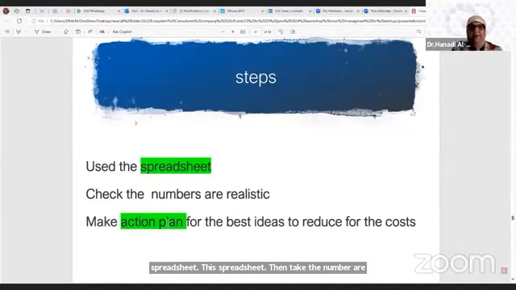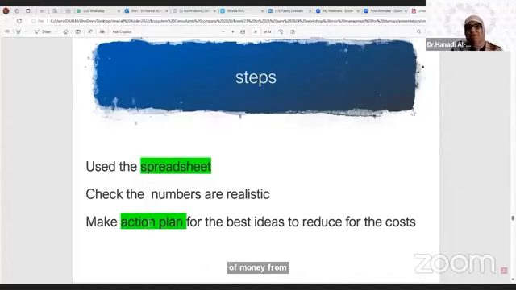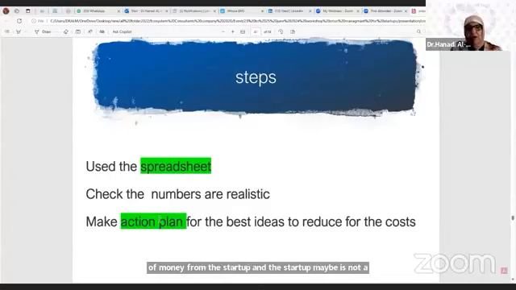For example, a simple example, in let's say 5 to 6 years, the marketing, the social media marketing, or the email marketing, it's taking a lot of money from the startup, and the startup maybe is not in a strong position cost-wise to pay for that marketing.